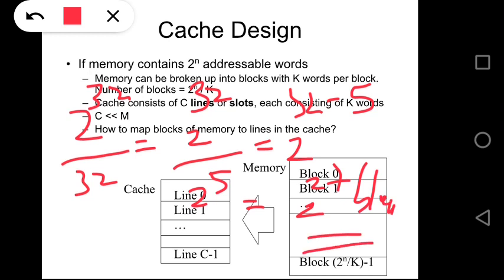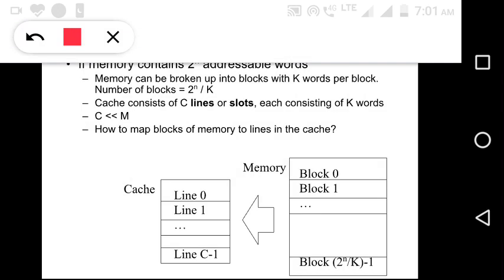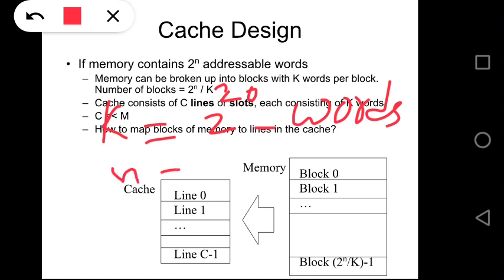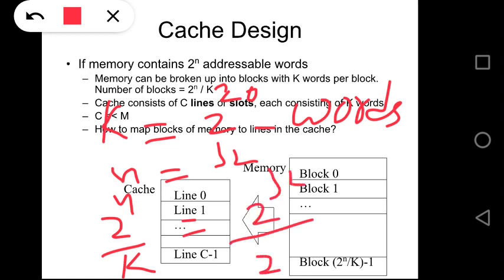In general, it's not the case. It's like the k would be some 2 power 20, let's assume. K contains 2 power 20 words. N is equal to 32. So 2 power n by k, 2 power n means 2 power 32, divided by 2 power 20.